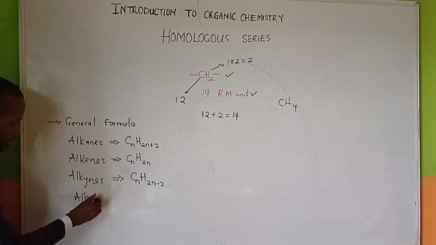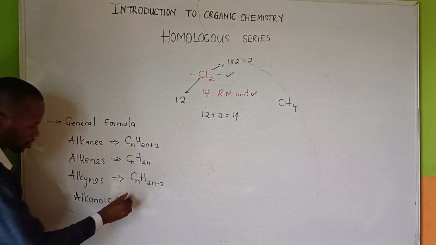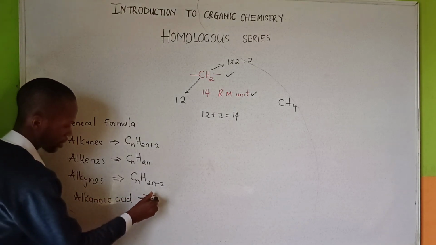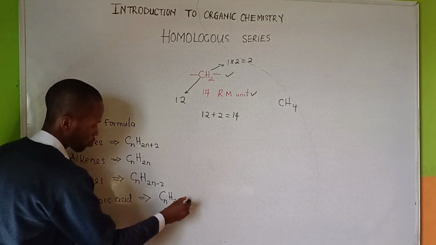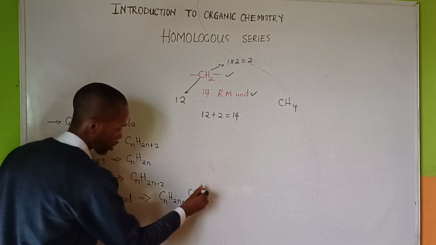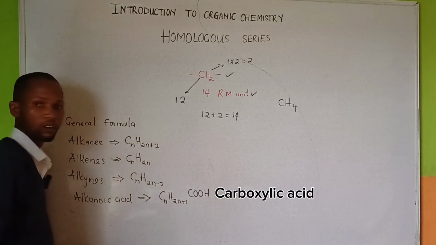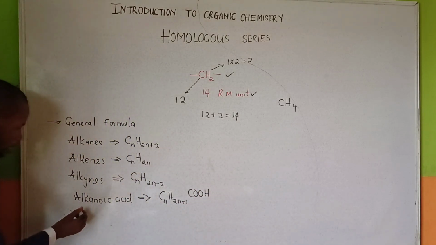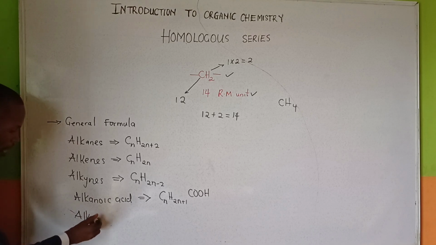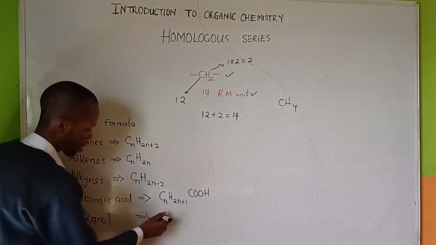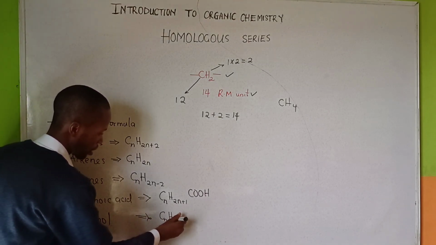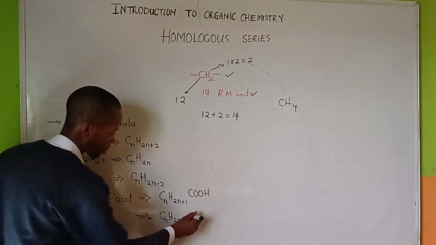We can move on to other organic compounds like the alkanoic acid with the general formula CnH2n+1COOH. Okay? We can as well have the alkanol, which is the same thing as the alcohol, with the general formula CnH2n+1OH.